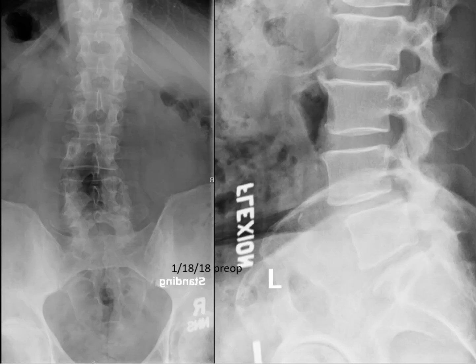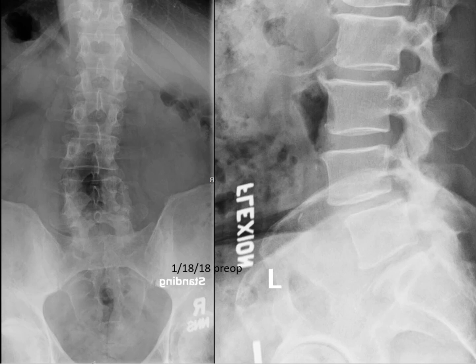So this is his x-ray from a year ago. What are your thoughts, Dr. Sexton, on the x-ray? Right, so we're looking at the PA and the lateral flexion.